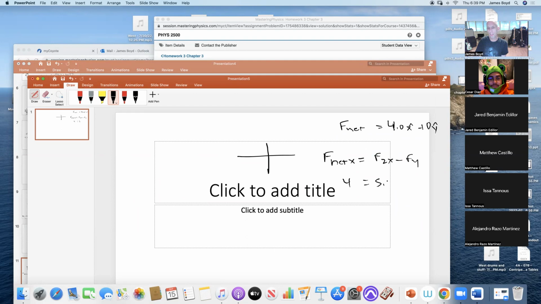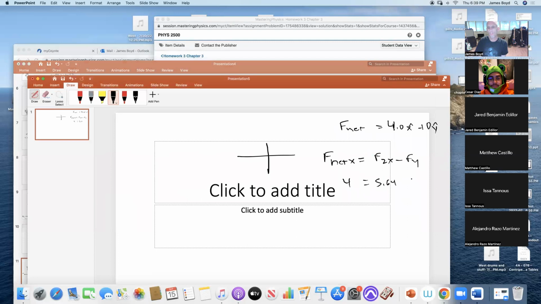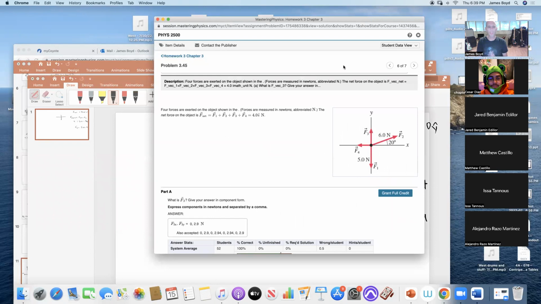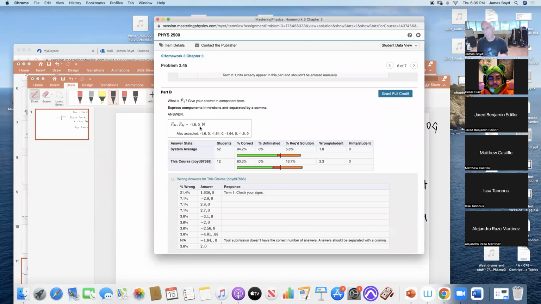This is 5.64 minus F4. So F4 should equal 5.64 minus 4, which is 1.64, which is why I messed that up. I'm sorry, which is 1.6. It's in the negative direction.